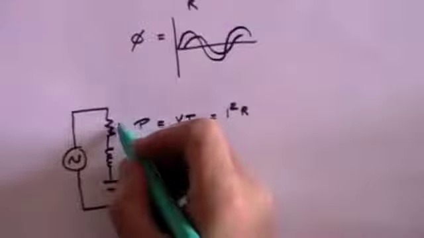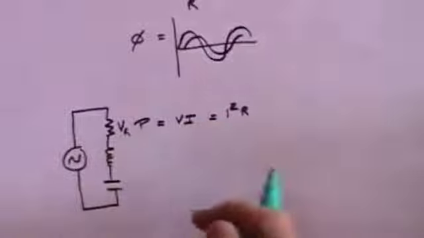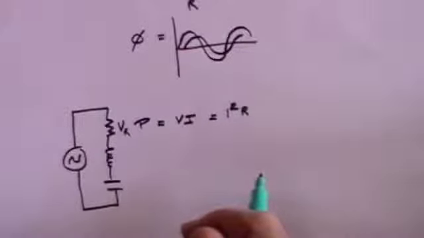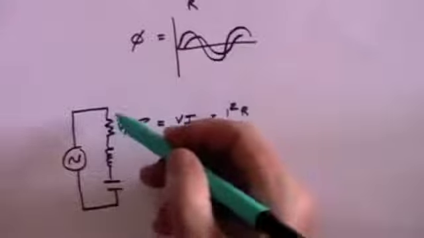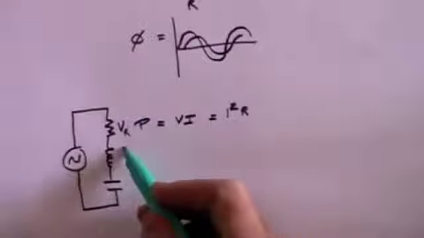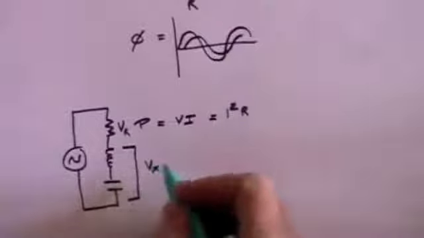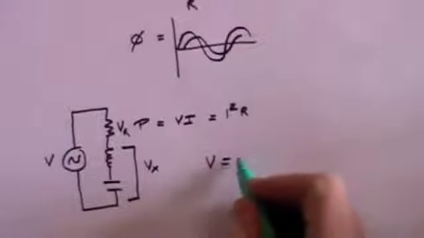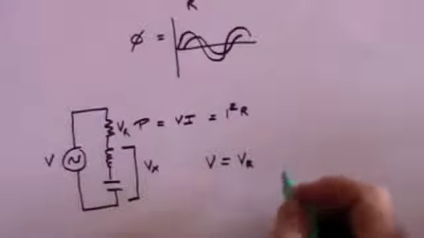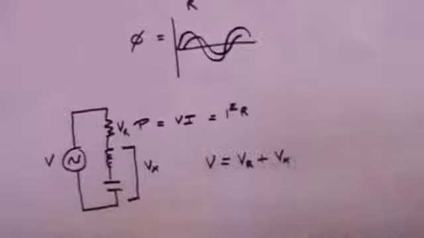If we measure the voltage drop across these devices, firstly put our voltmeter across the resistance and get a voltage reading of VR, which is the potential drop across the resistance, and then measure the total voltage drop across the two reactances, the inductor and the capacitor, and that will give us the voltage drop Vx. And let's say the total voltage of the AC supply is V. You might be tempted to think that the total voltage is equal to the voltage dropped across the resistor plus the voltage dropped across the reactance.